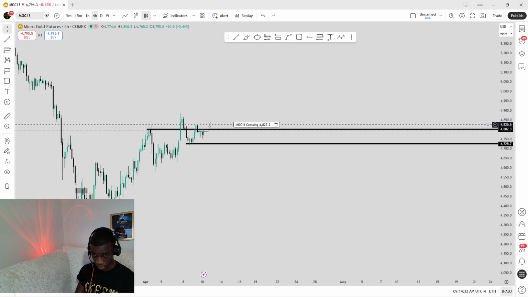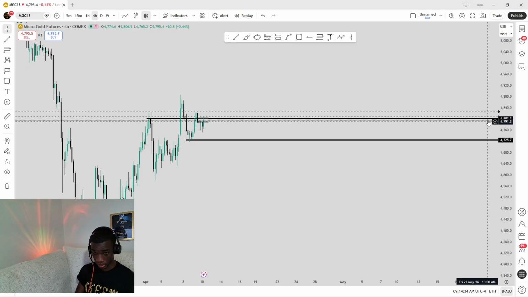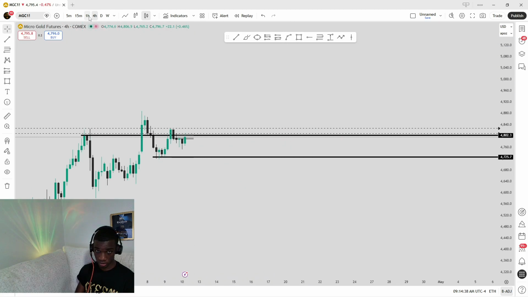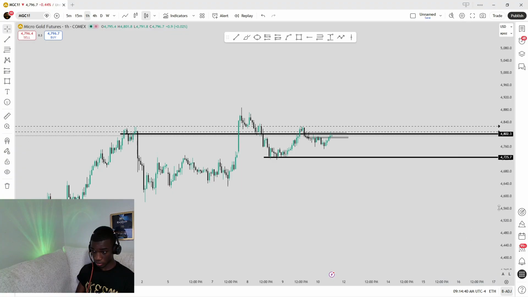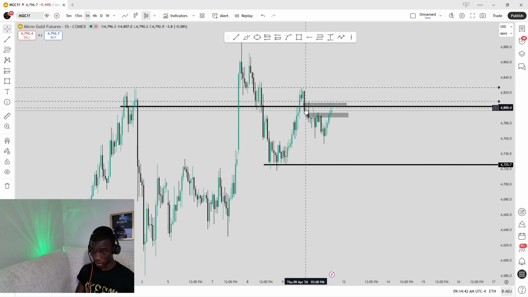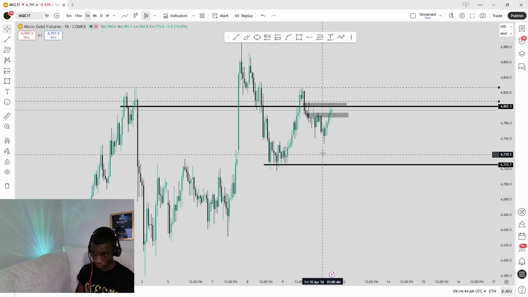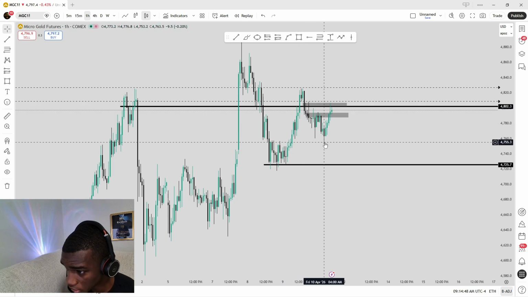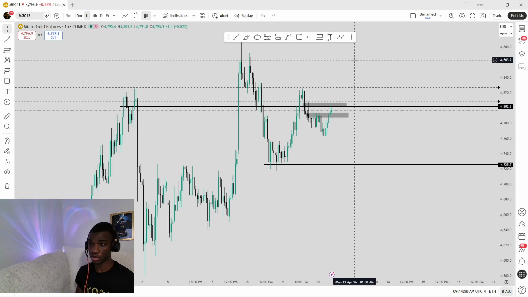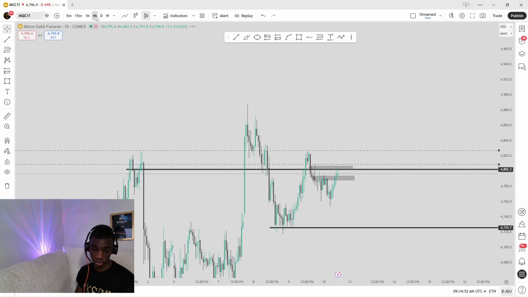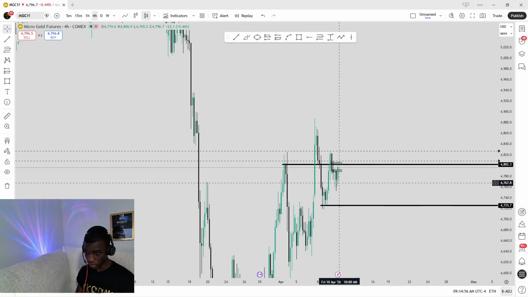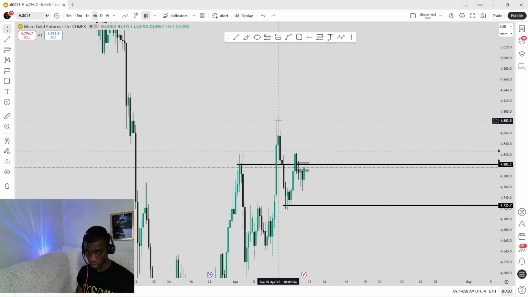So if price breaks this area, this second alert, this pullback yesterday was only to grab some money, liquidate everybody from yesterday, grab this money, and then continue the trend upwards.